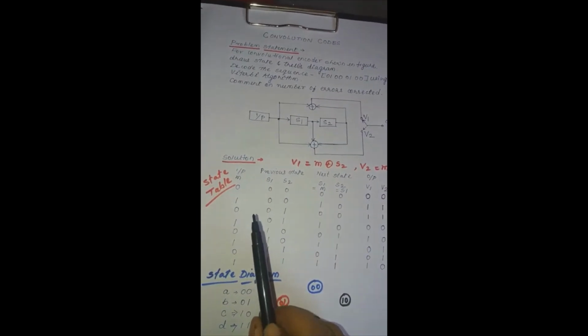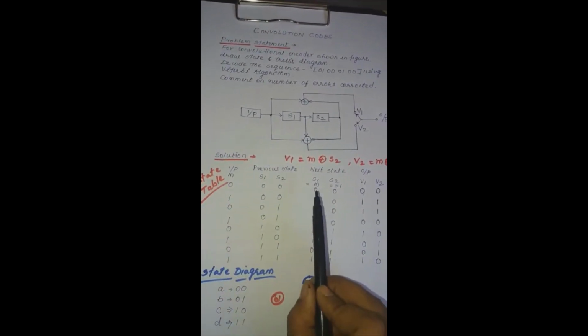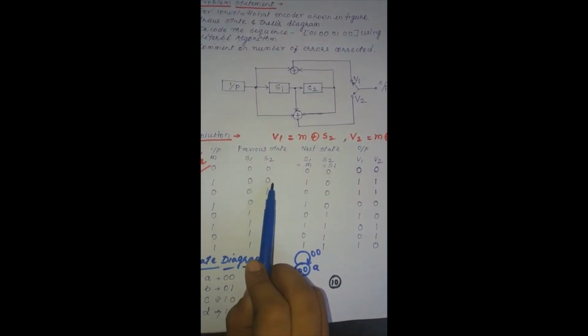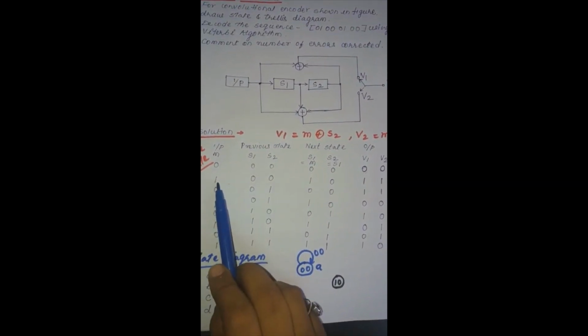Now, let's make use of the state table. When you are in state 0 0, and input is 0, next state is 0 0, while output is 0 0. So this is shown in this way. You are in state A 0 0, and if input is 0, you remain in the same state 0 0 with output equal to 0 0. Next, again you are in state 0 0, but now the input is 1.